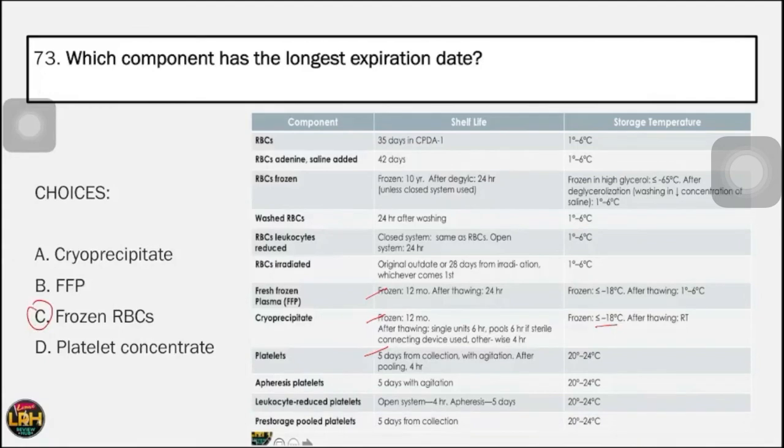Why? Because this blood component is stored in high glycerol at negative 65 degrees centigrade or less, and this can be frozen or stored within a 10-year period. So the answer is letter C, frozen red blood cells.